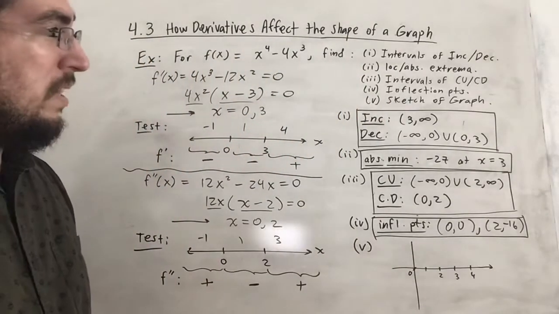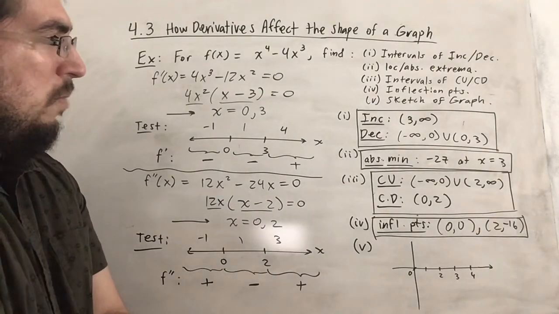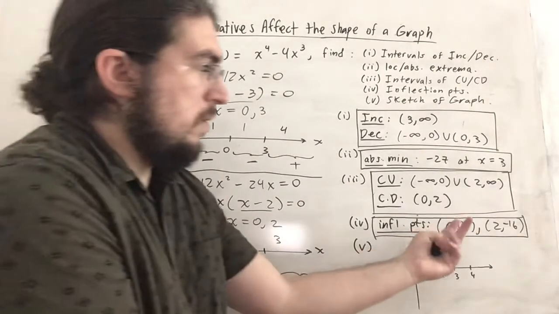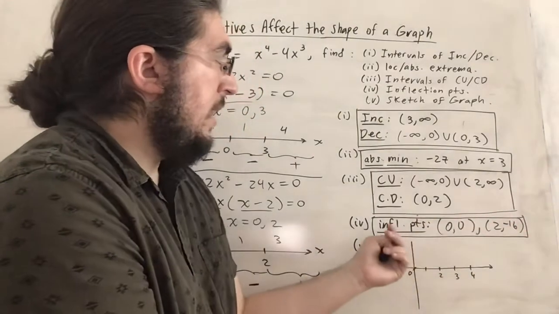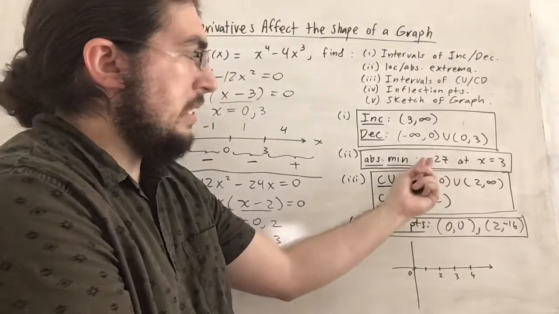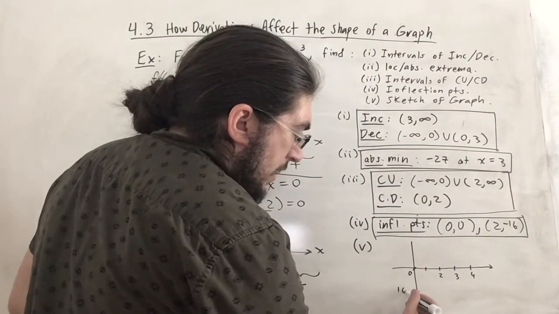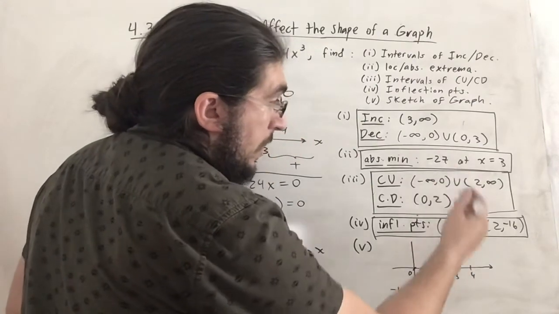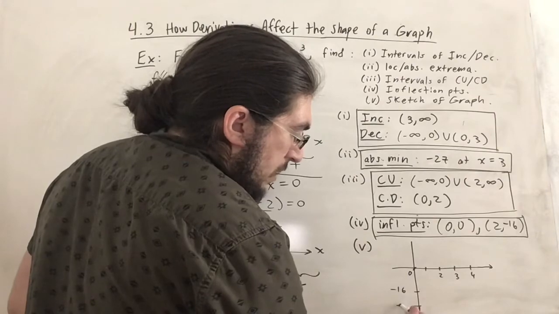Now, what about y values? It looks like the only real y values that come into play are 0, negative 16, and the only other y value is negative 27. So 2 comma negative 16, let's just say, is down here, and 3 comma negative 27, even though it's not too much to scale, let's just say it's down here.